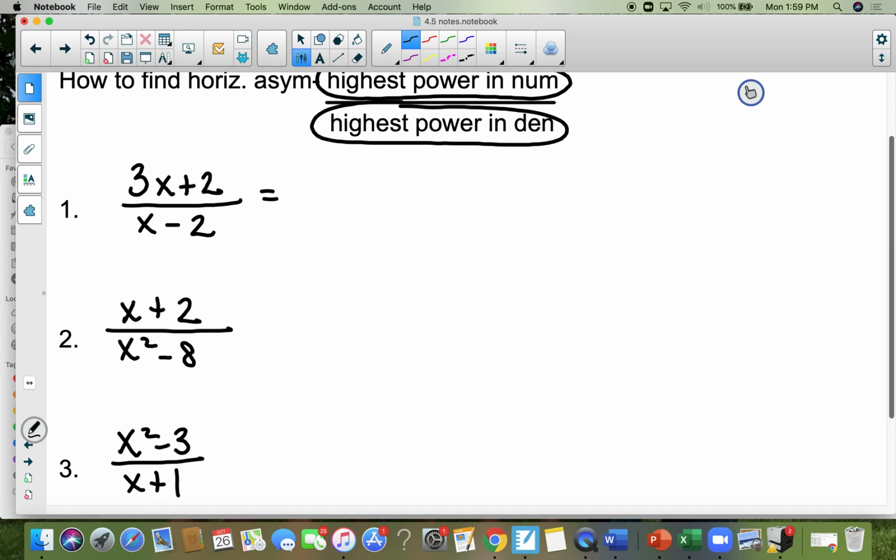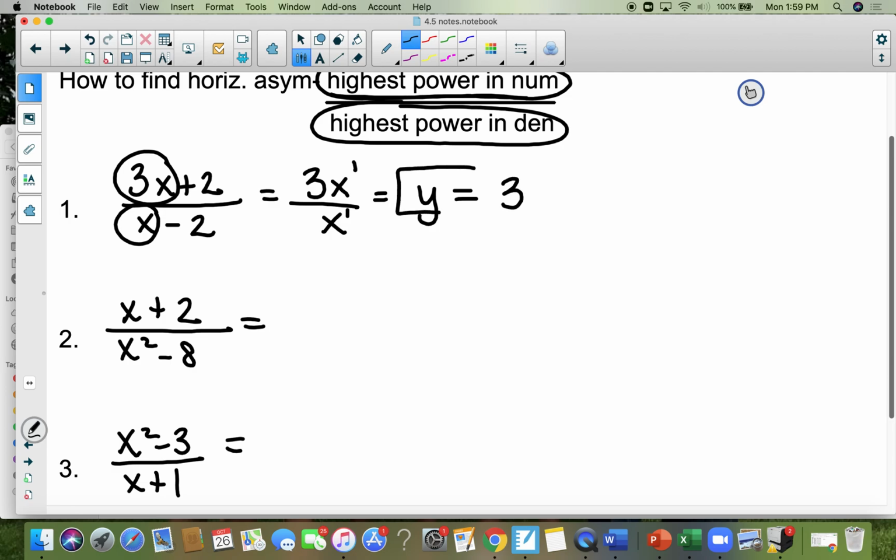These are the 3 different scenarios for your horizontal asymptote. If you take the highest power in the numerator, 3x, and divide it by the highest power in the denominator, which is x, notice that the powers are the same, so they cancel out. So your horizontal asymptote is y equals 3. And do not forget the y, because remember, our horizontal asymptote is a line, so don't forget y equals 3.